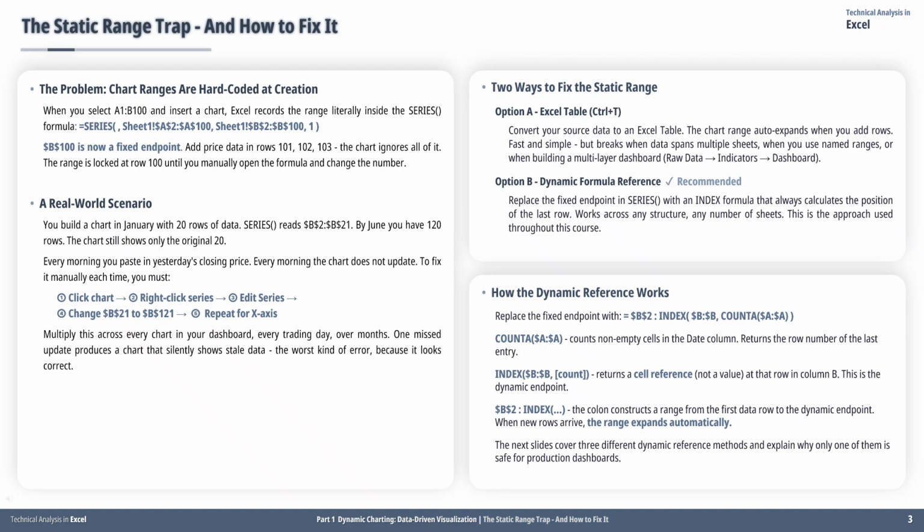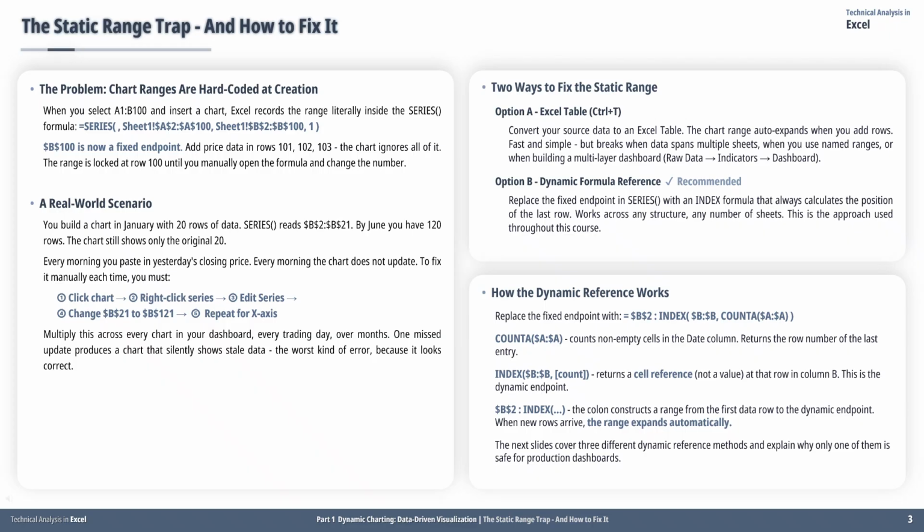The formula becomes =SERIES(,Sheet1!$A$2:$A$100,Sheet1!$B$2:$B$100,1). That B100 is now fixed. It is hard-coded. Add price data in rows 101, 102, 103, and the chart ignores all of it. The range is locked at row 100 until you manually go in and change that number.